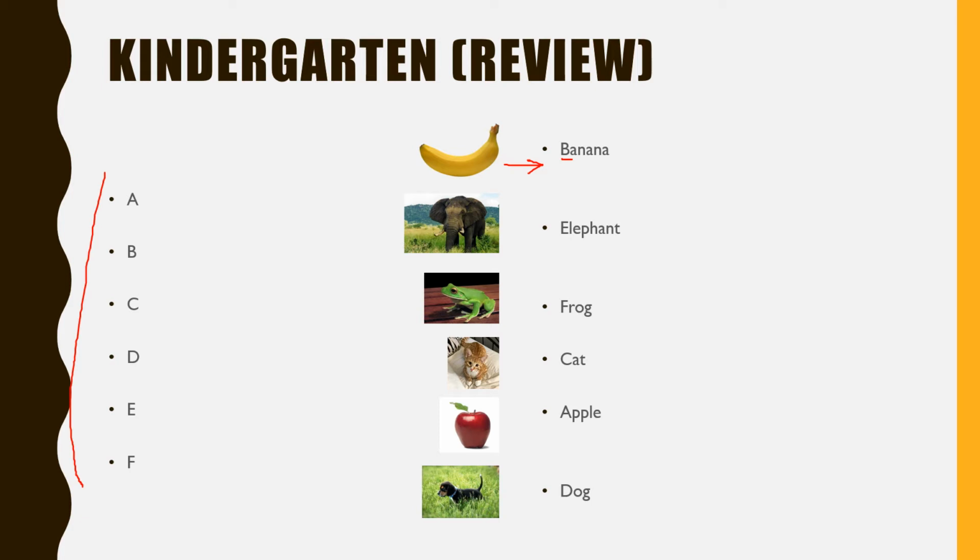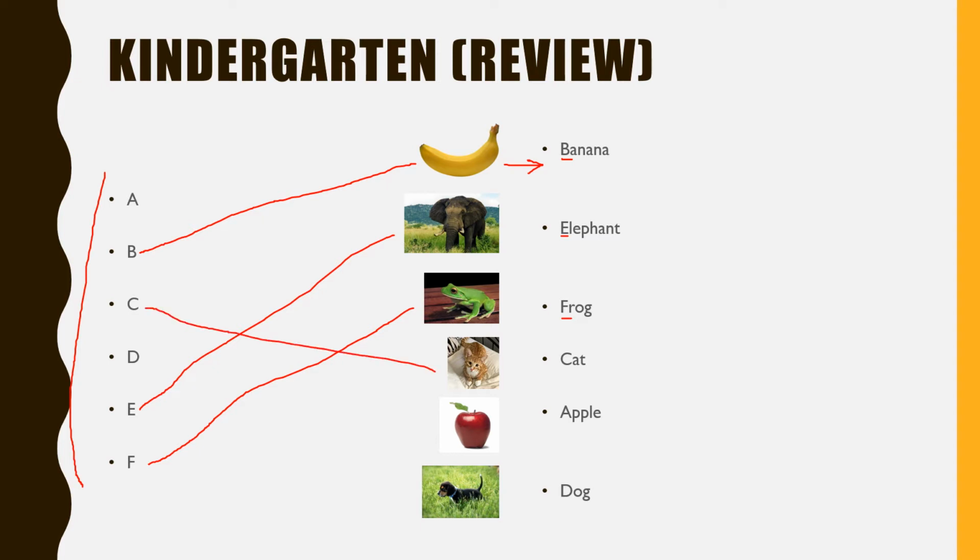All right, so B, banana starts with B. Elephant, elephant. Well, we see the E over here and we hear that sound. Elephant starts with E. Frog, frog. Frog starts with F. Cat, cat starts with k.